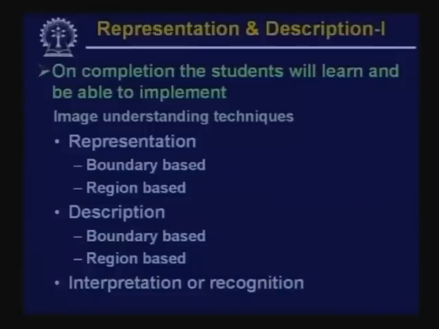So, we can have a region based representation, from that we can have a region based description generated from the regions, and these descriptors can again be matched against similar descriptors present in the knowledge base to identify a particular object. It is quite clear from this that if we are going for boundary based representation and boundary based description, then what we are interested in is mainly the shape of the object.